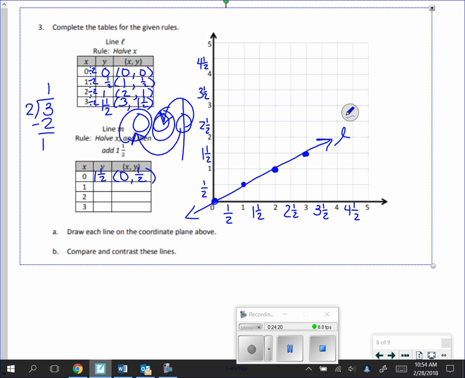So I take half of 1, which was 1 half, and I'm adding 1 and 1 half. So a half plus a half is 1 whole. 1 plus 1 is 2. So your coordinates are 1, 2.